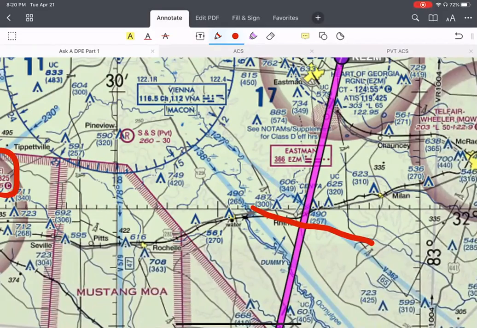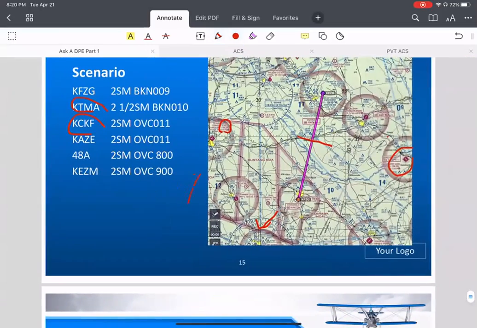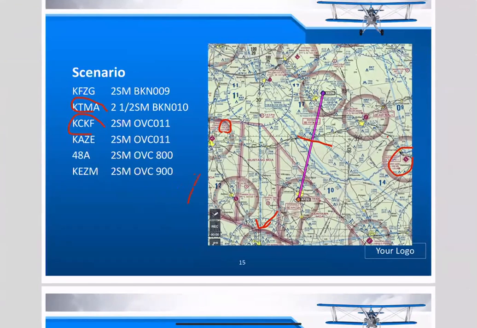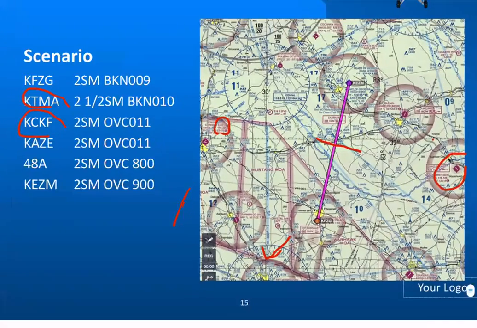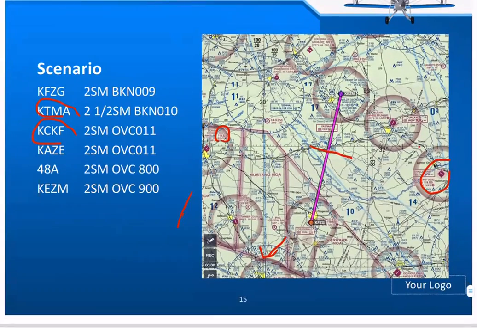So I'm going to back it out. When we're looking at the weather at these two locations, CKF and AZE, what's the cloud base? Broken, overcast. No, CKF and AZE. Here's CKF and here's AZE. Right. Overcast.